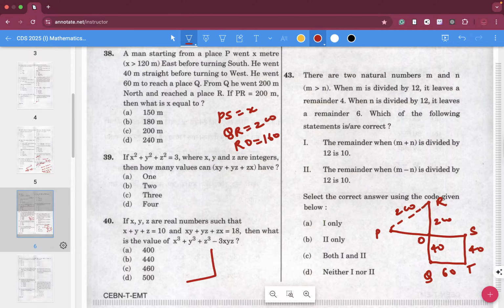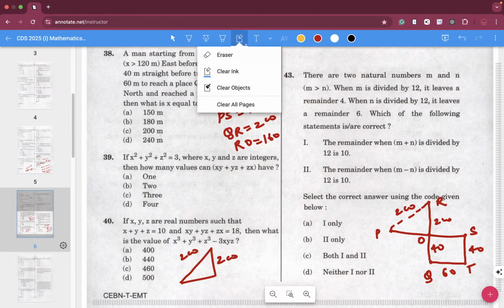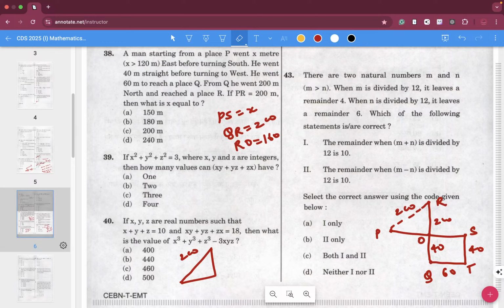Now in the triangle over here, if this is 200 and RO value over here is 160, if you apply the Pythagoras theorem, will it be 120?